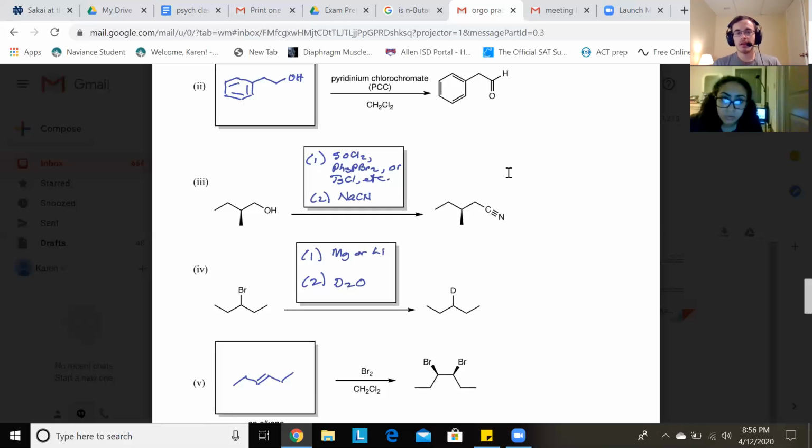Mm-hmm. So SOCl2, thionyl chloride, what that does, through a mechanism that you never learned, it replaces the OH with the Cl. Basically, the SOCl2 molecule is really unstable.